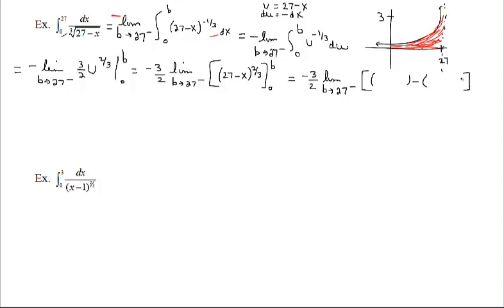Okay, now ready for the evaluation part of it, replacing b in for x and 0 in for x. So 27 minus b to the 2/3 minus 27 minus 0 to the 2/3.